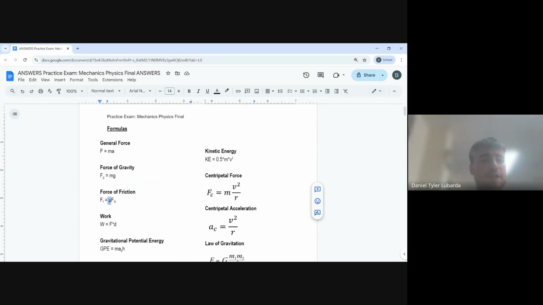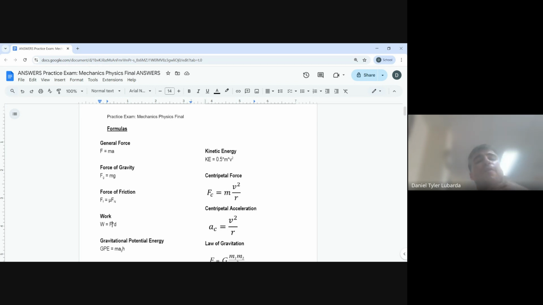That is a number that depends on your two objects sliding together. You will not have to memorize any coefficients of friction for any object. If there's a question on friction, I will give you the coefficient of friction, and that's times the normal force to give you your force of friction.